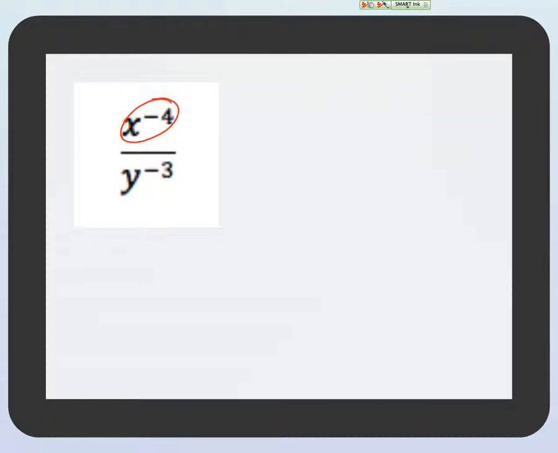Where does it have to go? In that denominator. So then it becomes a positive 4. When you switch it, it becomes positive. And then what about that y? Yep, numerator, it's got to go up. So then it becomes a positive 3. So now I have that written without any negative exponents.